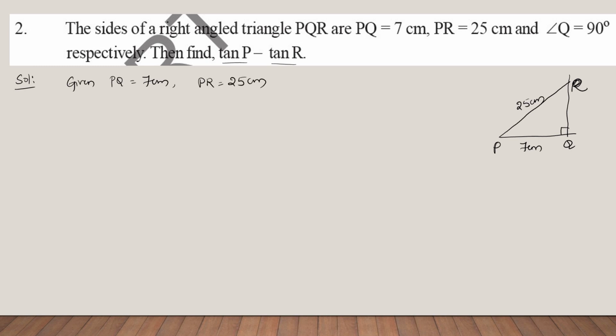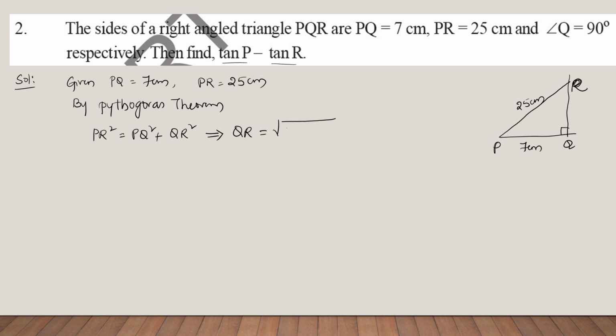Since it is a right angle triangle, we can apply Pythagoras theorem, right? By Pythagoras theorem, from the figure, PR square is equal to PQ square plus QR square. On transposing, we can find out the value of QR.